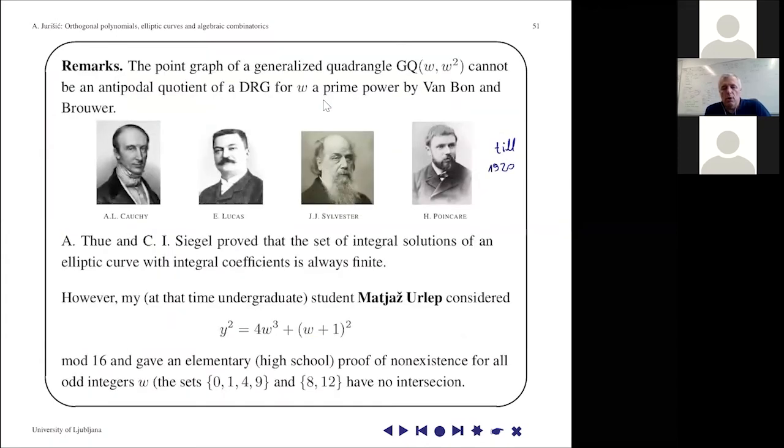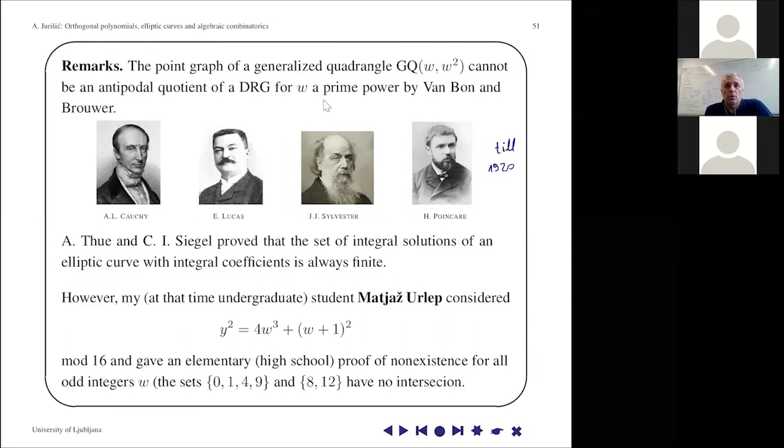Now, studying this problem, I can tell you that Brouwer and Van Boon already proved that this relation of antipodal cover of point graph of generalized quadrangle cannot happen for W being a prime power. But in general, we didn't know.